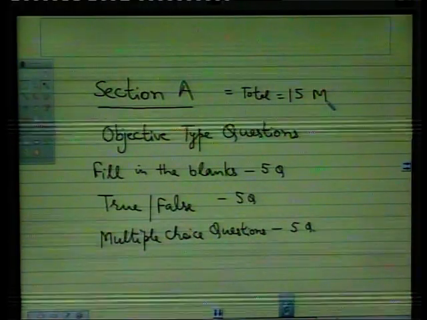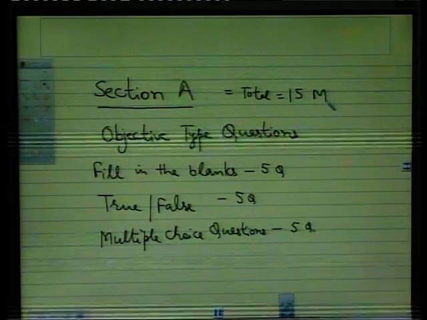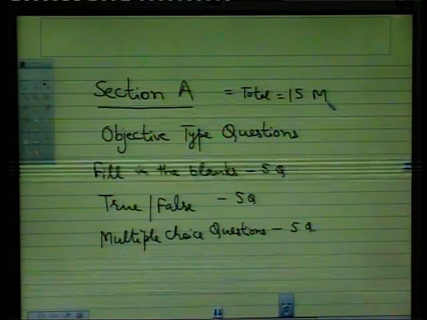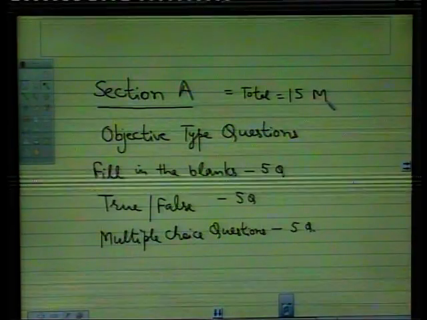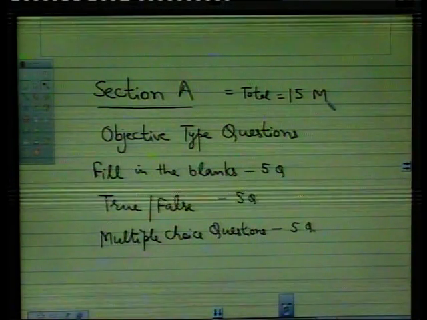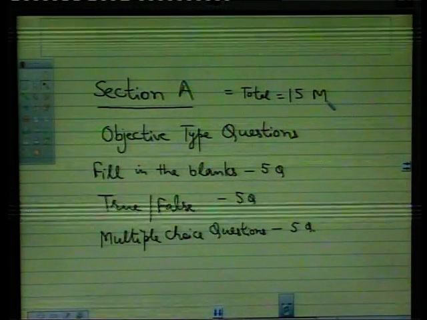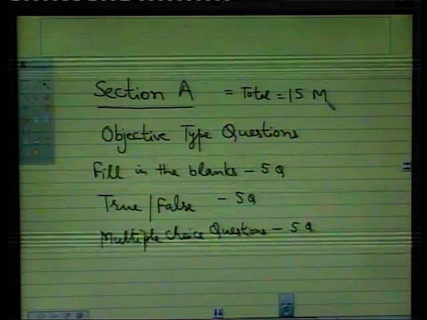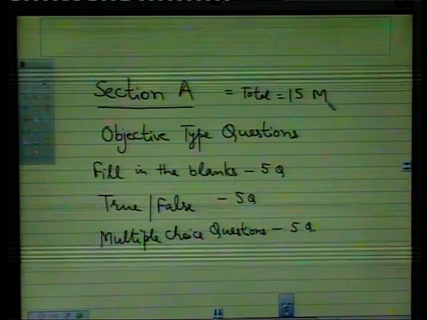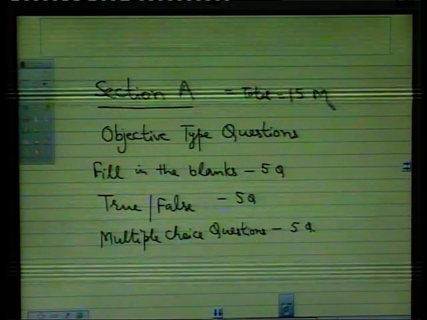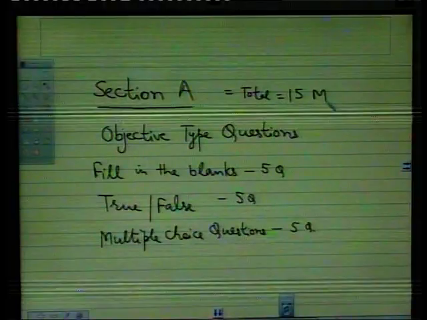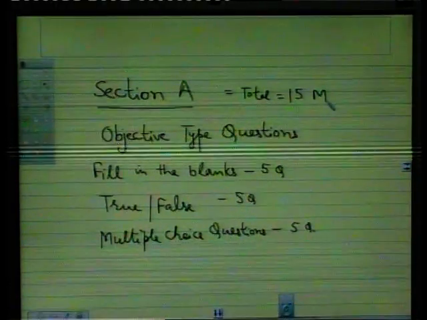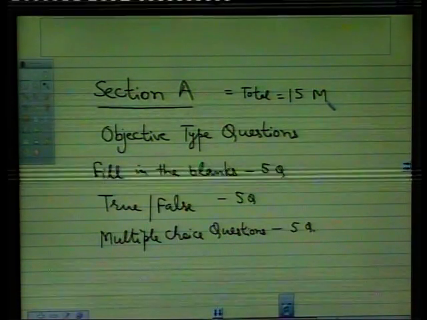The questions are covered from the whole syllabus, from all the chapters. So, you must have completed your whole syllabus, only then you can attempt these questions, which are very easy, and you can score almost 15 marks out of this section A if you have a clear idea of these types of questions.